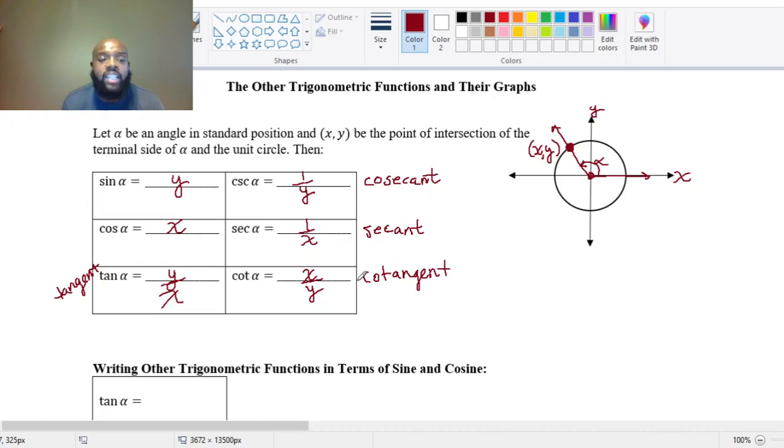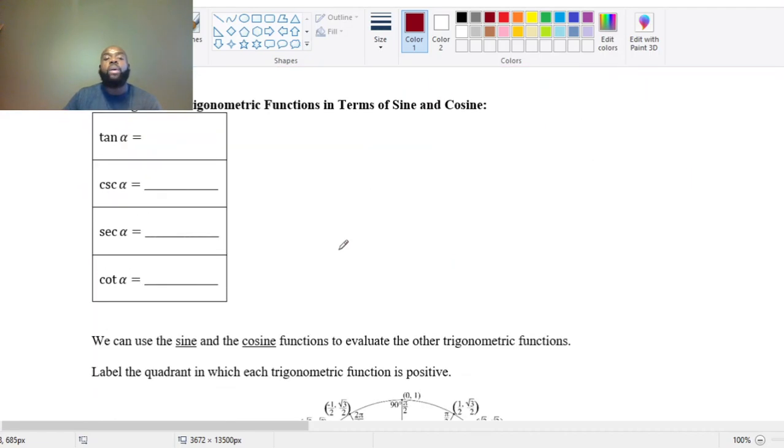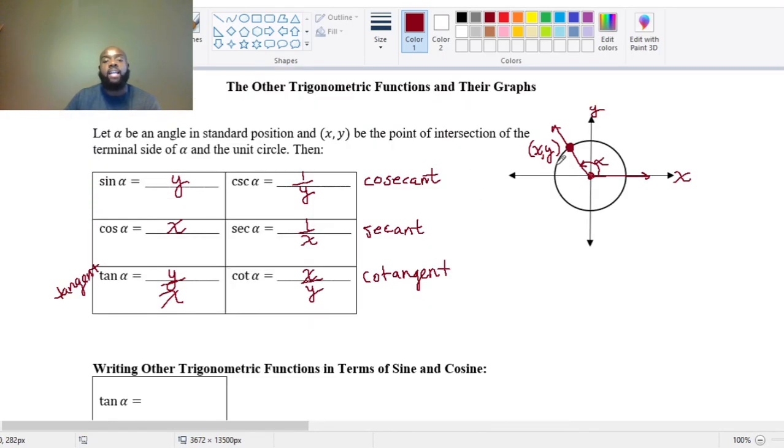All 4 of them are based off of y coordinates and x coordinates of this point, where the terminal side of our angle intersects the unit circle. Because sine of alpha equals y and cosine of alpha equals x, we can write these other trig functions, the tangent, the cosecant, the secant, and the cotangent, as functions of sine and cosine.